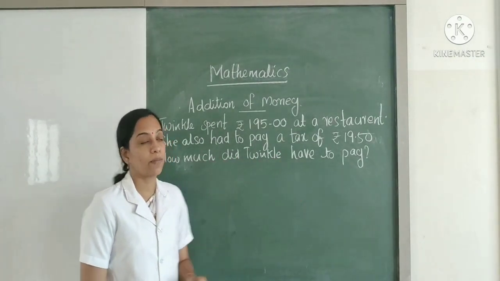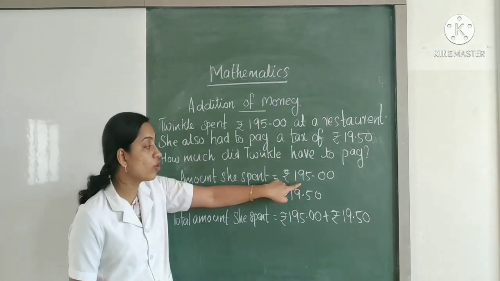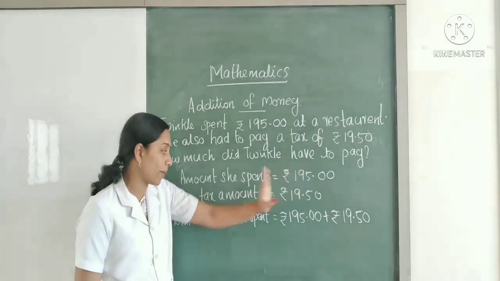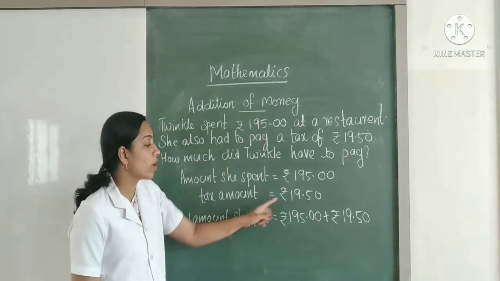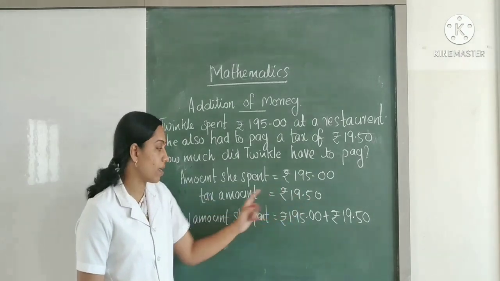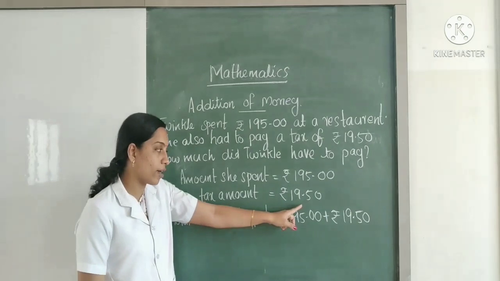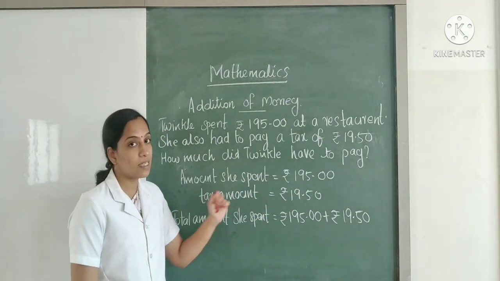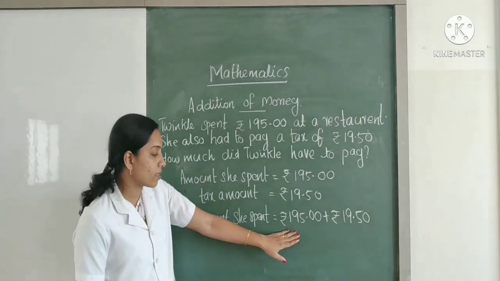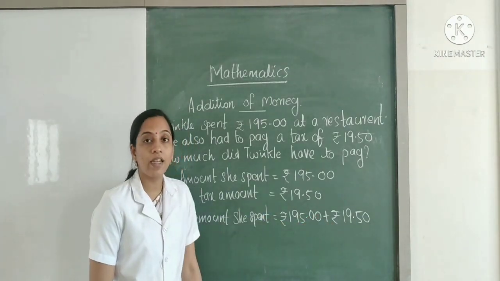The amount she spent at the restaurant is equal to 195 rupees. Then the tax amount, she has to pay a tax of 90 rupees and 50 paise. That's why I have written the tax amount is equal to 90 rupees and 50 paise. You have to find out the total amount she spent. So let us add 195 rupees and 90 rupees and 50 paise.